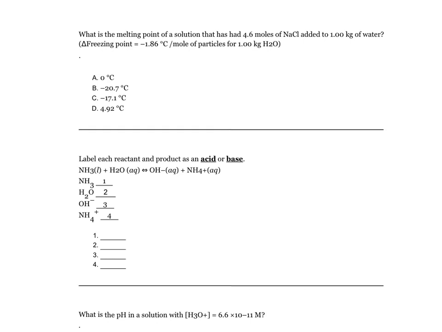What is the melting point of a solution that has had 4.6 moles of NaCl, sodium chloride, added to 1 kilogram of water? The change in freezing point is minus 1.86 degrees Celsius per mole of particles for 1 kilogram of water.